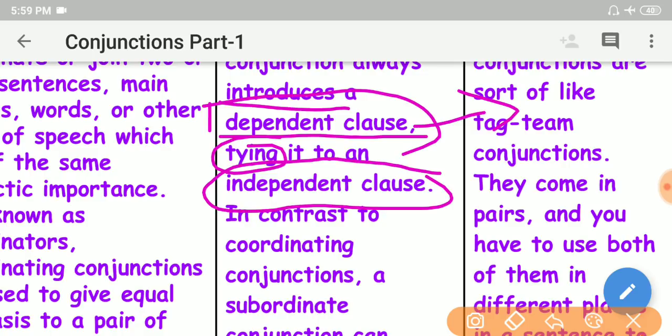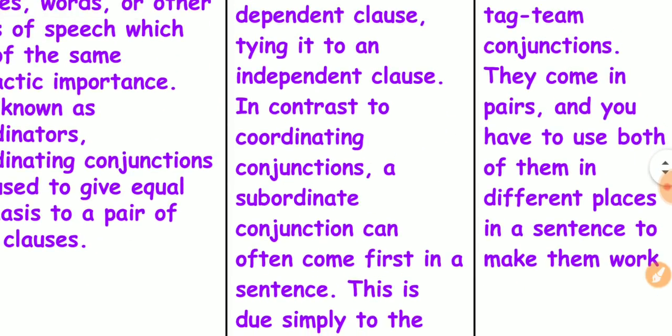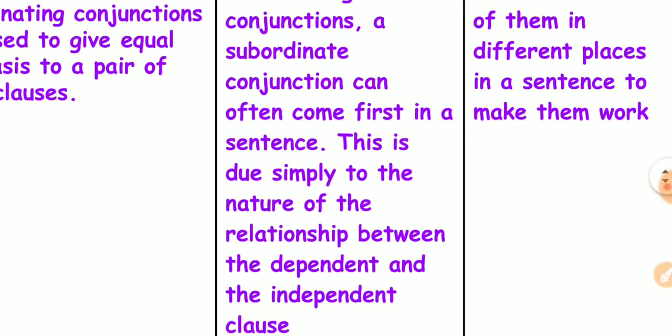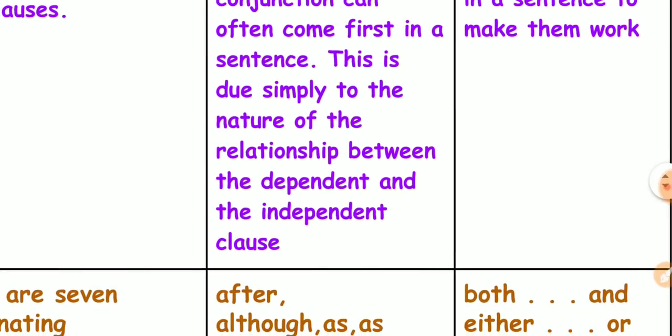In contrast to coordinate conjunctions, a subordinate conjunction can often come first in a sentence. This is due simply to the nature of the relationship between the dependent and independent clause.